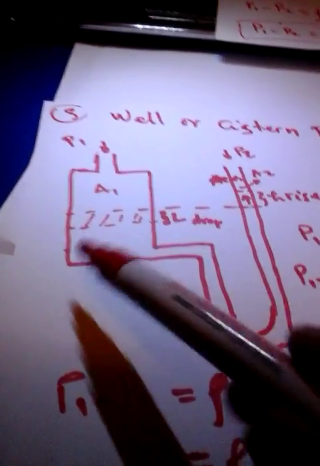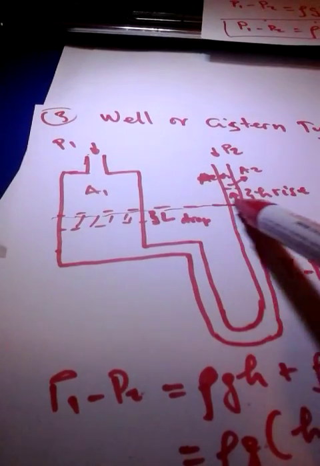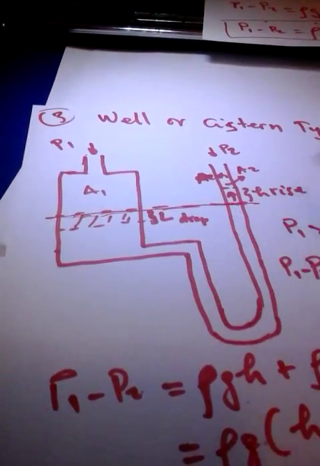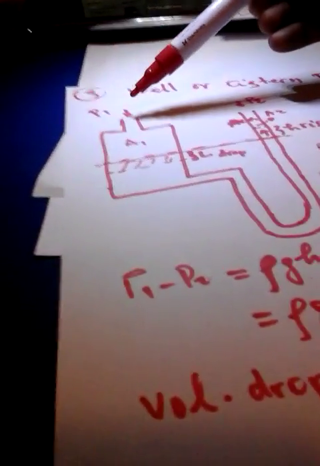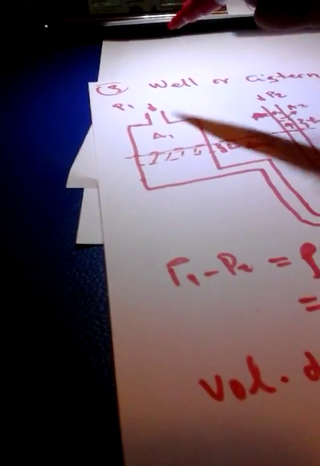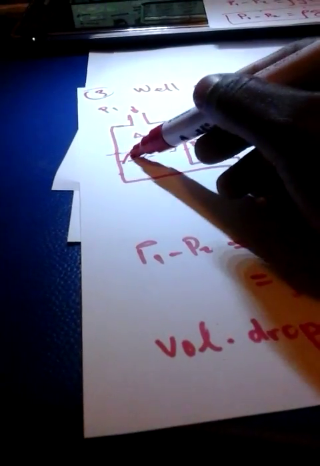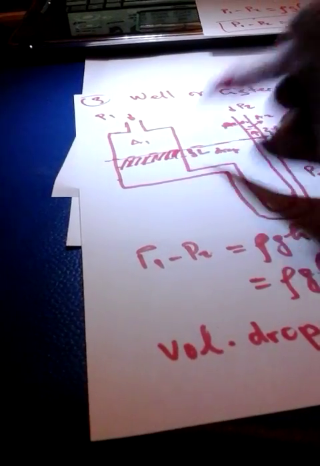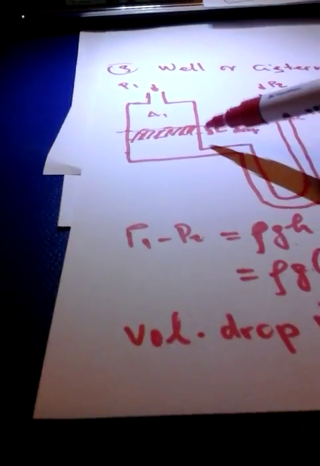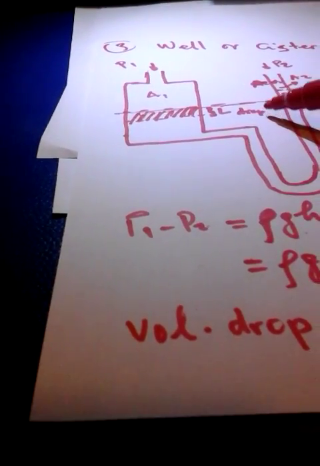Okay. Then at balance, this is how the liquid will be. The liquid will be at the same level in both tubes. But if now we apply pressure on P1, the liquid will drop. Let's say the liquid drops up to this height, which we call now L, the drop. Okay.